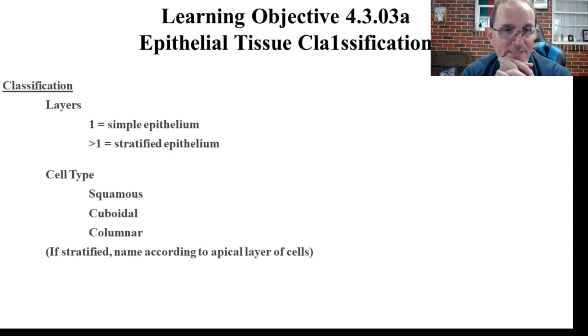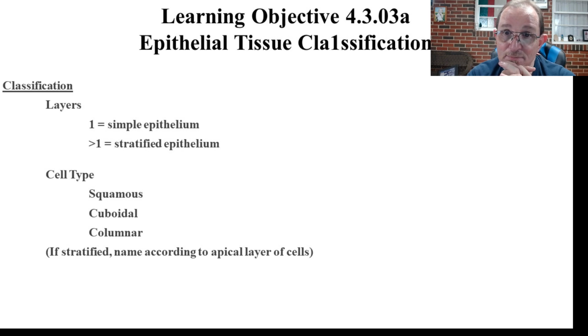Okay, how do we classify these epithelial cells? Well, it's really kind of easy. First thing, how many layers are there? How many cell layers? If I only have one cell layer, it's simple epithelium. If it has more than one, if it has 2 or 1,002, it's stratified. So that can't get any simpler.